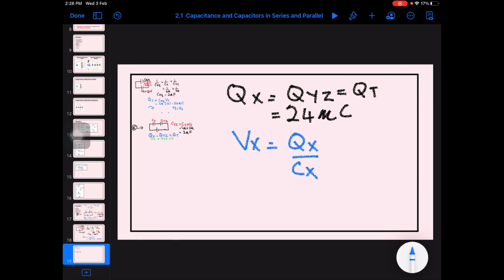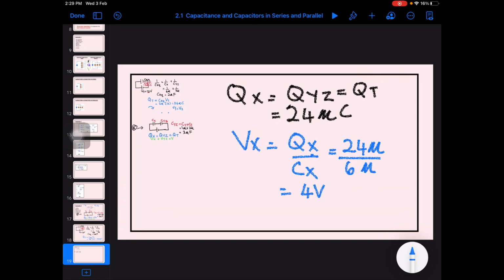If we need to find X, so all we use X. So QX is 24 microcoulomb divided by CX. CX is 6 microfarad. So 24 divided by 6 equivalent to 4 volt.